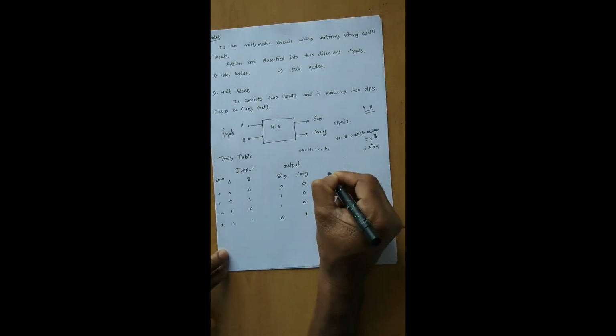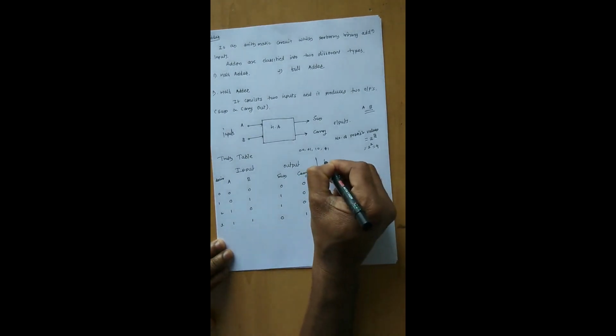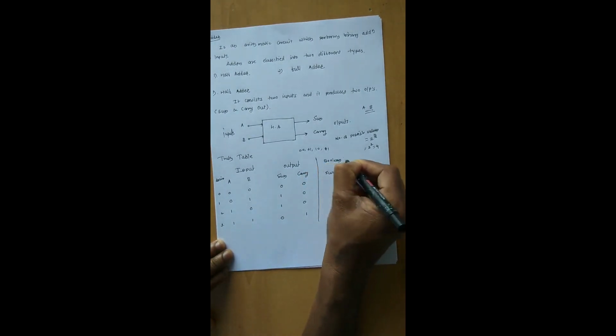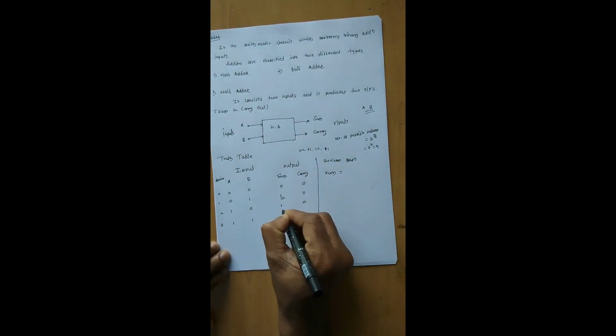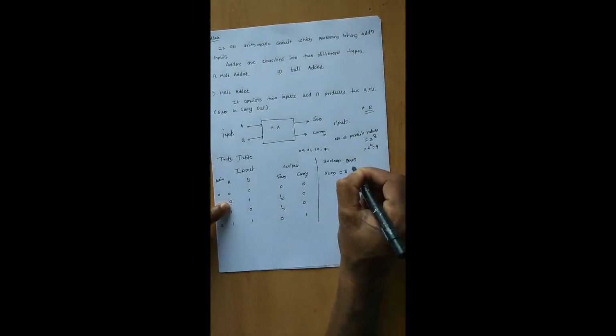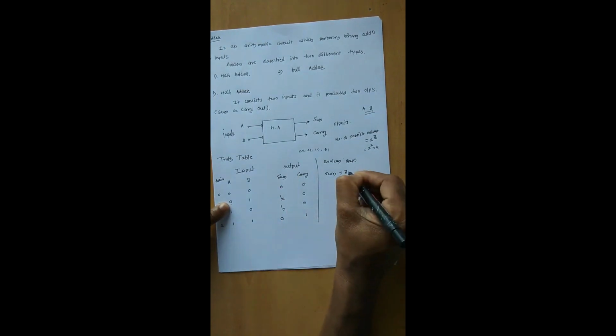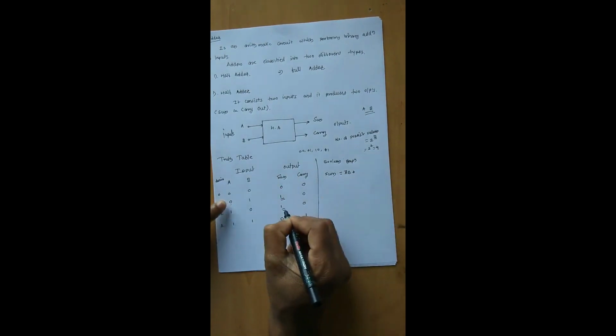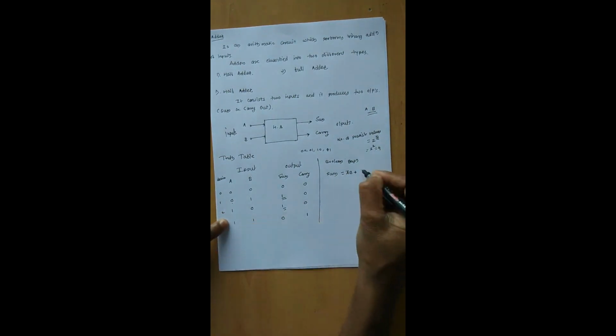With the help of this truth table we can draw a logic diagram. Before that we have to find the Boolean expressions for sum and carry out. For the sum, we consider only the ones in the sum column. For this 1, A is 0, so it will be A bar, and B is 1, so it will be A bar B, plus for this one, A is 1 and B is 0, so it will be A B bar.